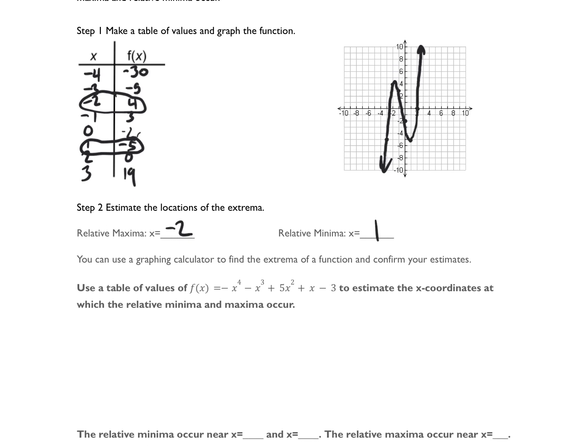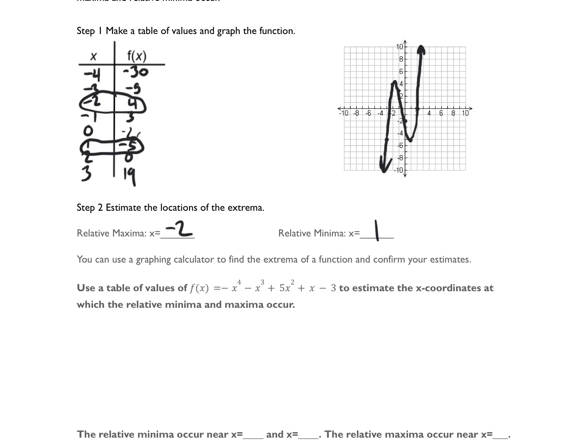Next, we're going to use another table. So again, I'm going to use my graphing calculator to program this: -x to the 4th minus x to the 3rd plus 5x squared plus x minus 3. And then I'm going to do second and table.